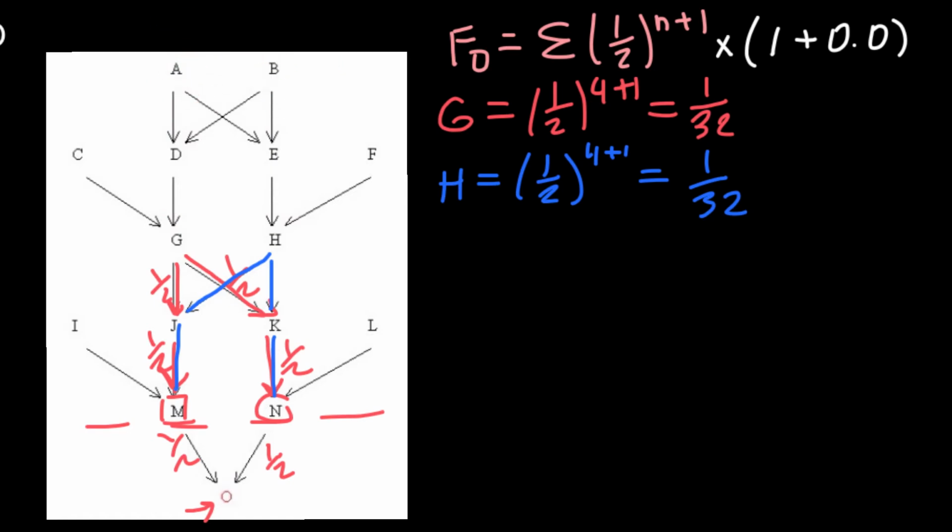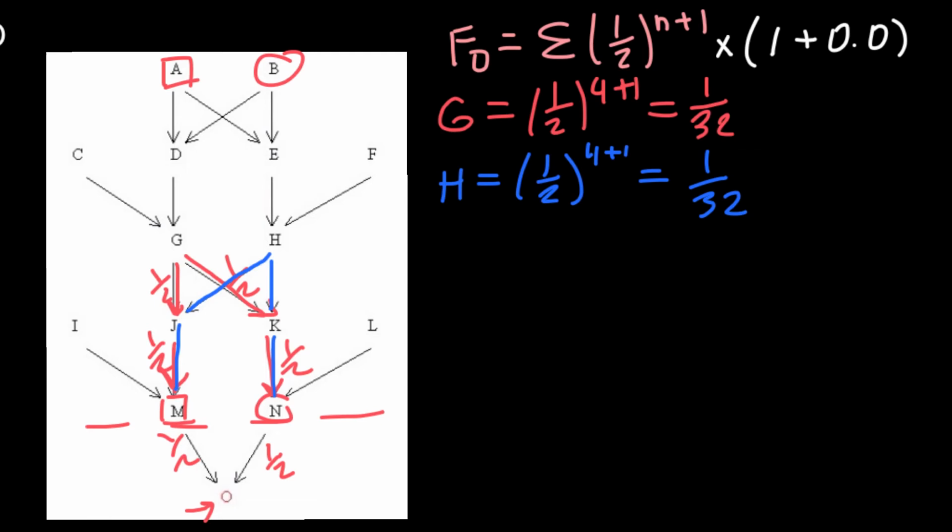But now let's return to our full pedigree, and once again ask the same question: who else in this pedigree is going to be a common ancestor of the parents of individual O? As you see, other common ancestors except G and H would be A and B. So once again, let's say this is a male and this is a female, and let me use different colors this time.